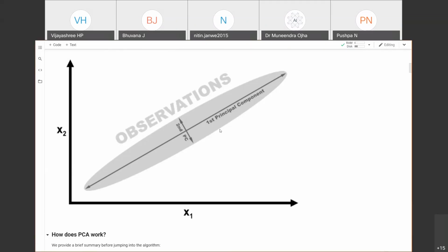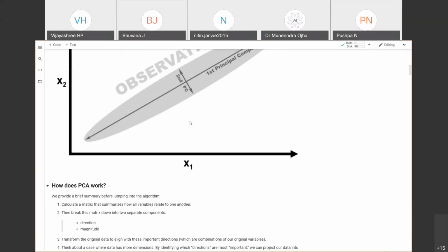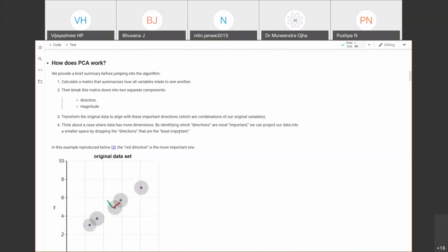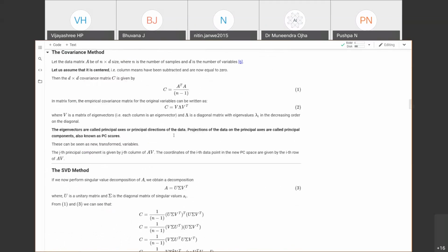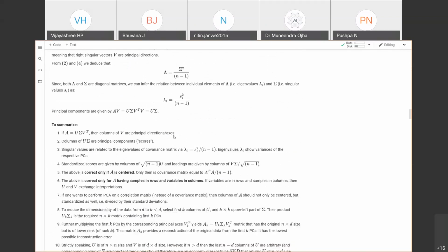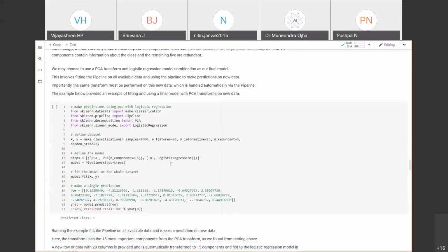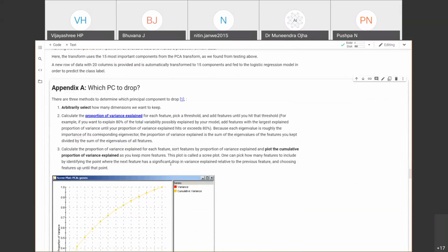The first principal component is the most important one, which also has the maximum variance explained. So what do we mean by maximum variance explained? I'll discuss that, but before that I will discuss how we decide which principal component to drop, and then I'll explain what variance explained is.